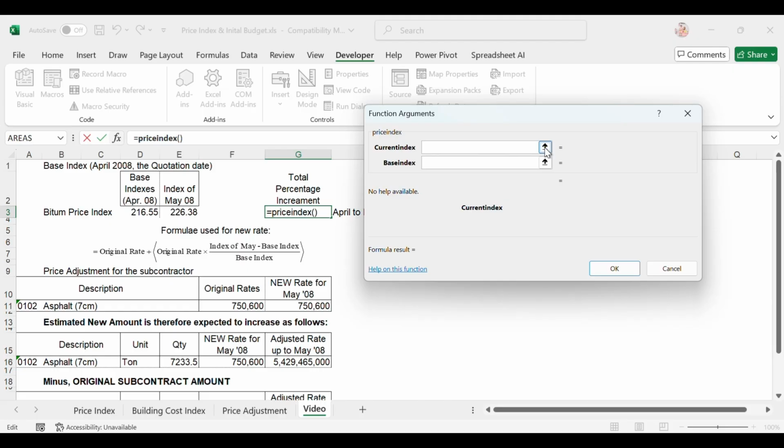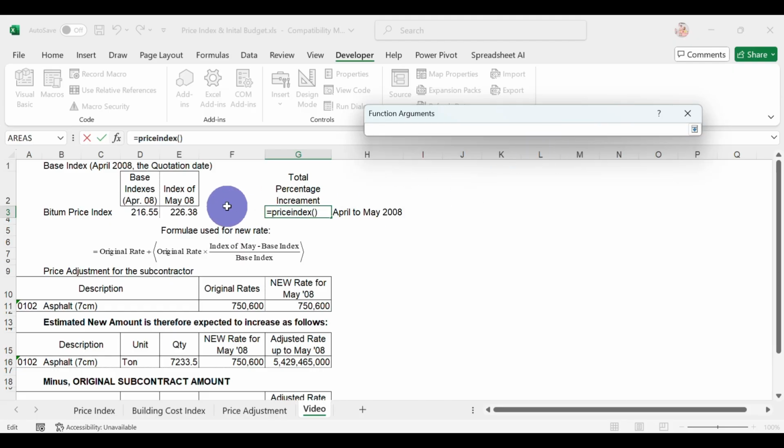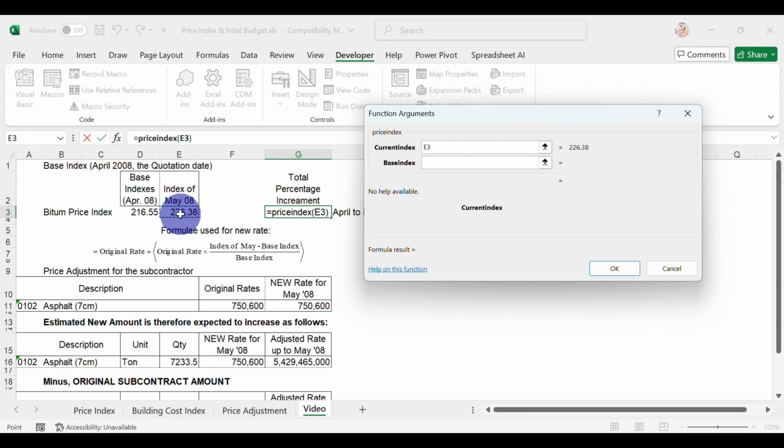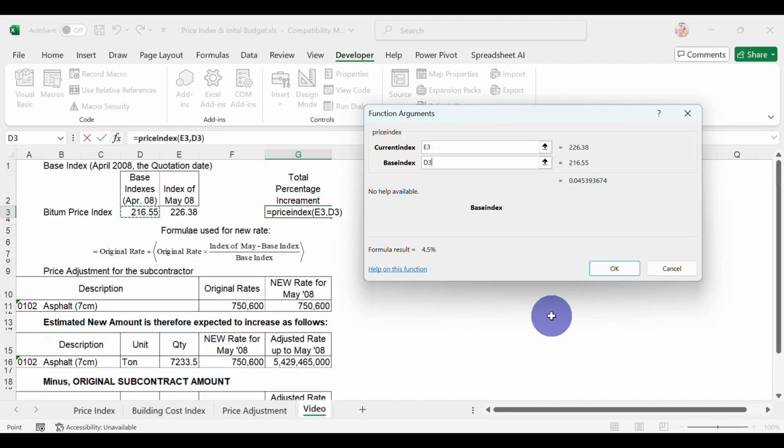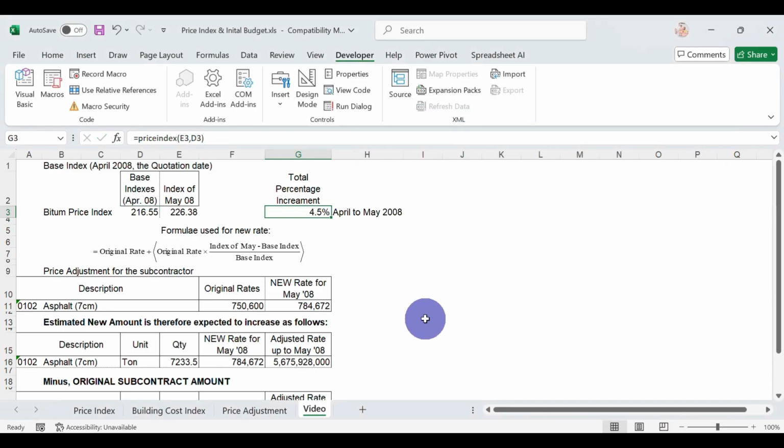I click the round up icon here and choose the current index here and hit enter. For the base index, do the same, choose the base index and hit enter again, and now we click OK. So it pops up the total percentage increment 4.5%, and we will use 4.5% times the original rate.